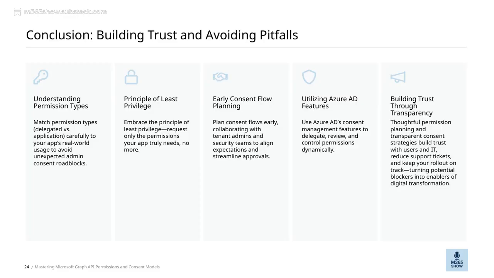Also, carefully match permission types, whether delegated or application, to your app's actual usage to avoid surprises, like unexpected admin consent roadblocks. In conclusion, building trust through transparency and properly managing permissions and consent are key to avoiding pitfalls. When done correctly, they turn permission management into a strategic advantage that supports your overall digital transformation efforts.